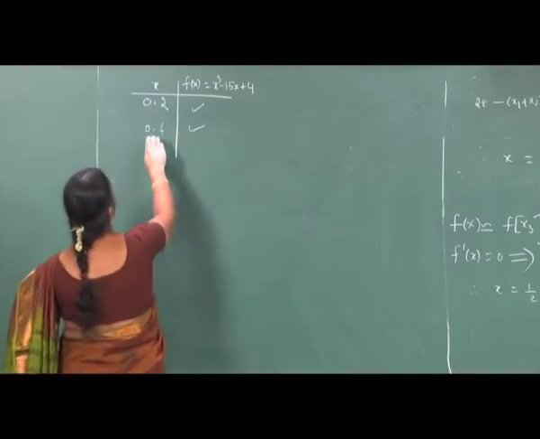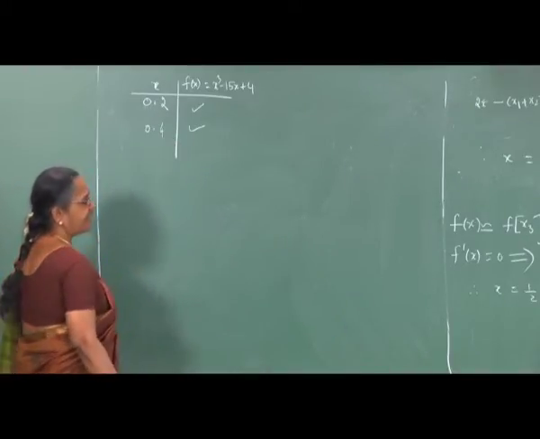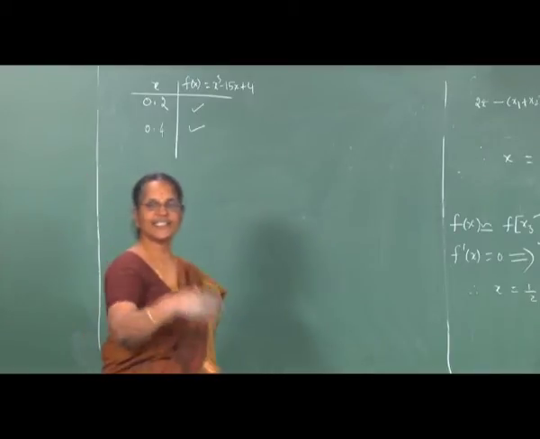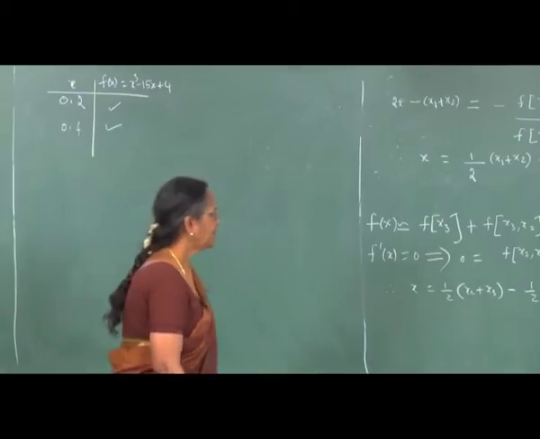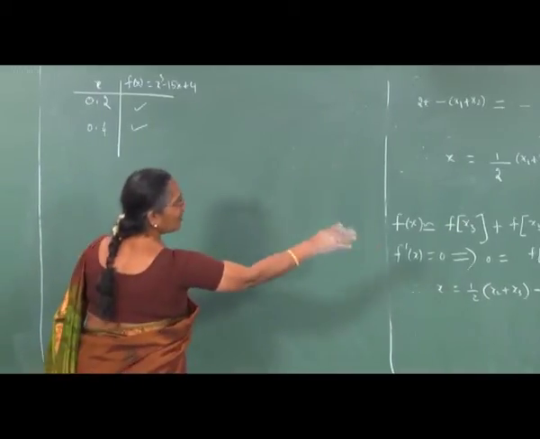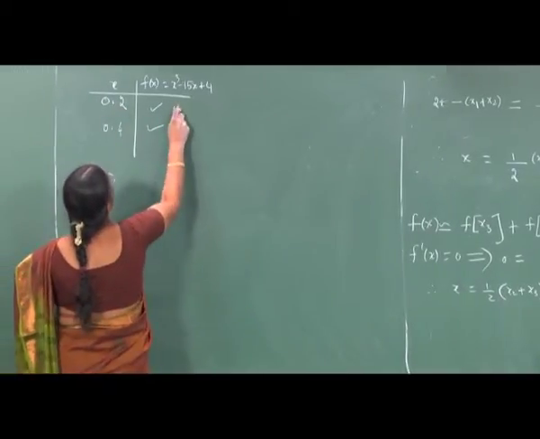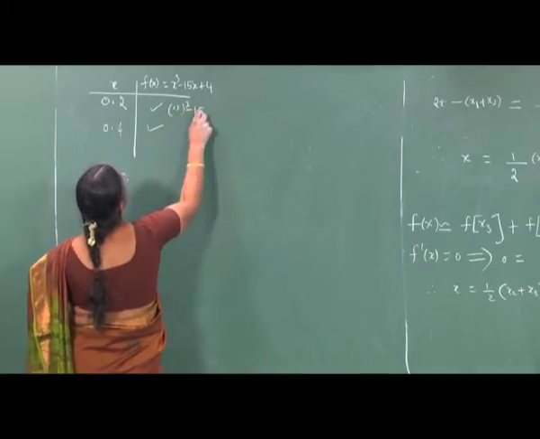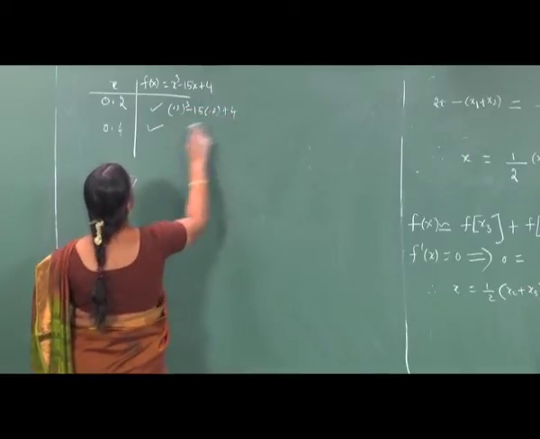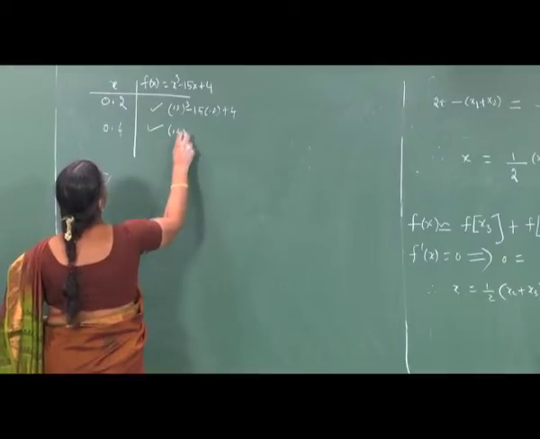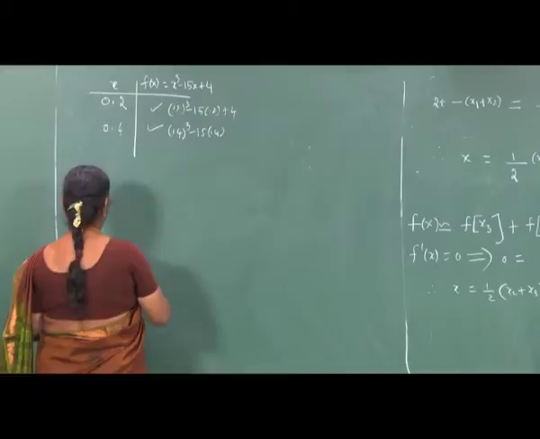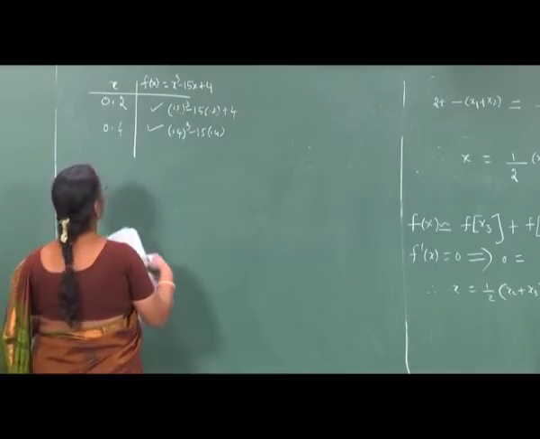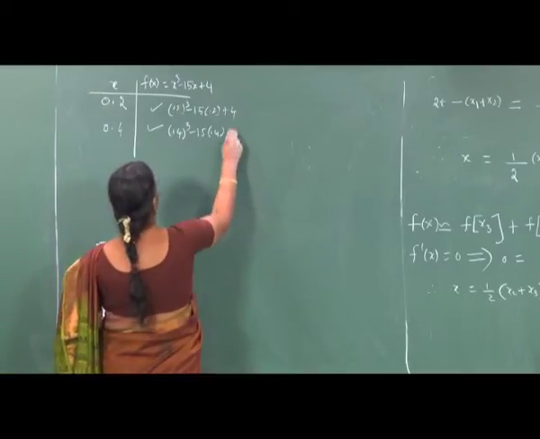These 2 points are close to 0.3 and each is at a distance of 0.1 unit from 0.3. So, I can write down the value of f of x, which is 0.2 cubed minus 15 into 0.2 plus 4, and 0.4 cubed minus 15 into 0.4 plus 4.